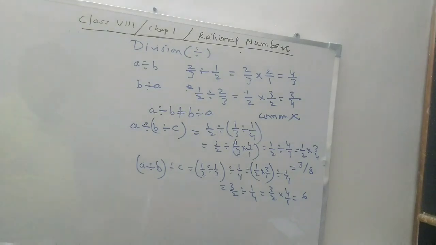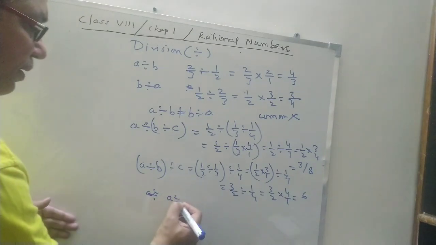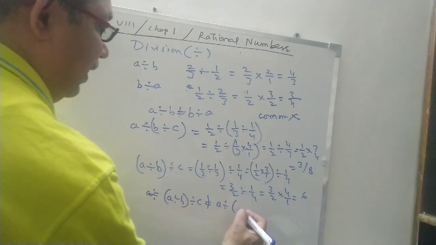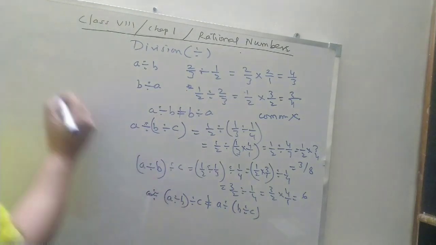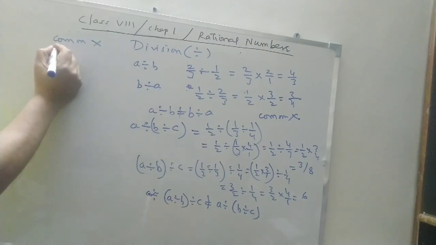Now are these two equal? No. A divided by B divided by C is not equal to A divided by B divided by C grouped the other way. So what can we say about it? Of course, like we earlier had said, commutative property is not possible.